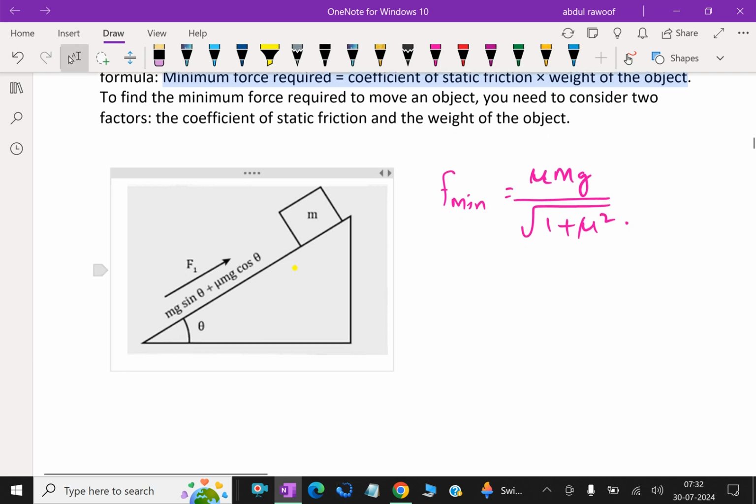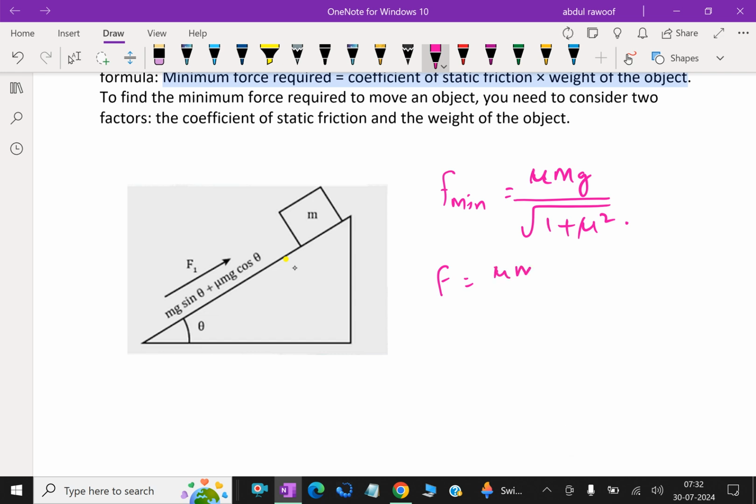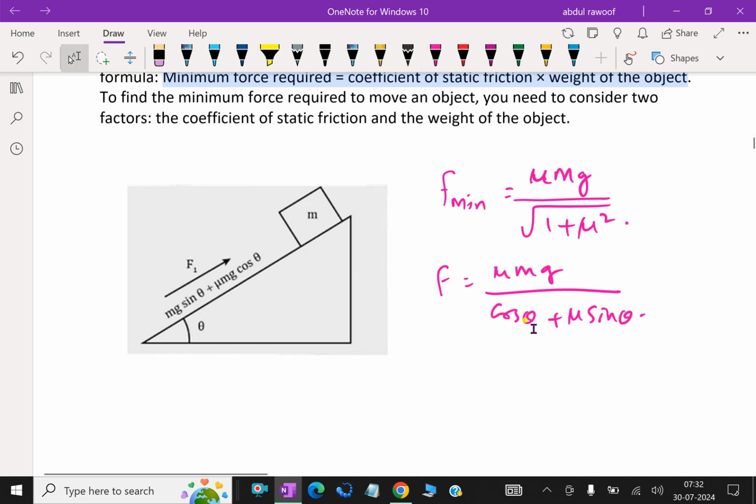Generally, F equals mu mg over cos theta plus mu sin theta. That means cos theta plus mu sin theta can be written in terms of square root of 1 plus mu square. Then this is the F minimum formula, the minimum force required.